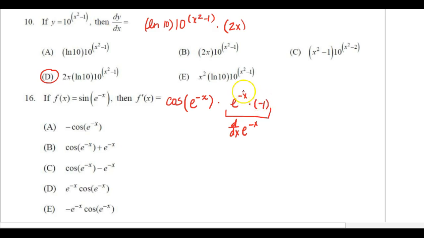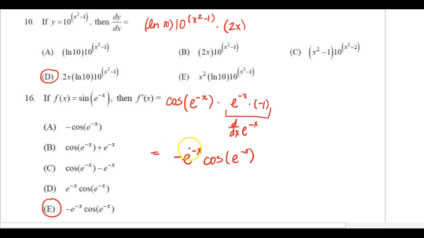I have to remember that the derivative of this exponent has to be included, which is just a negative 1. So now it's negative e to the negative x, and then cosine of e to the negative x. And let's go ahead and see which one of those I match up with, and that is option E. Lots of E's. So this is it for our answer.